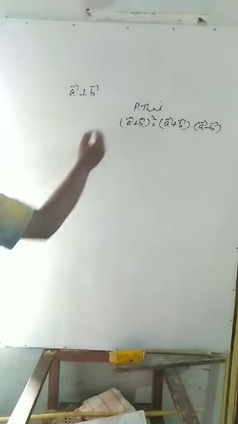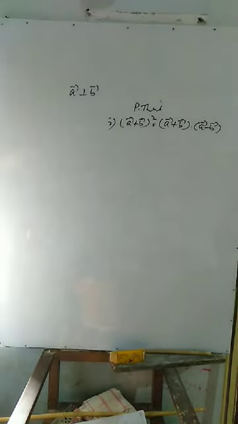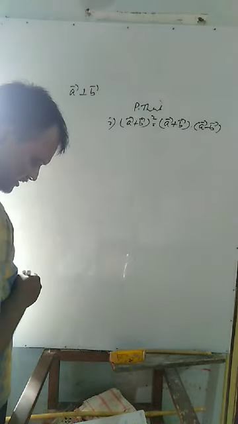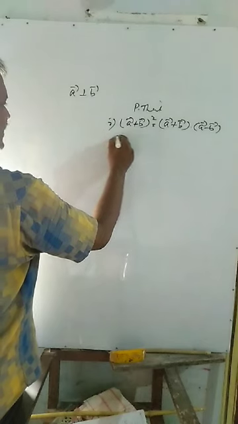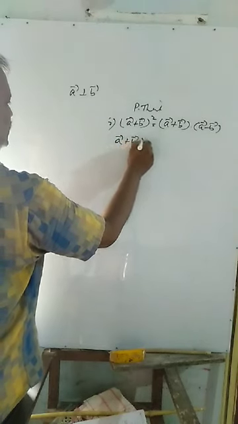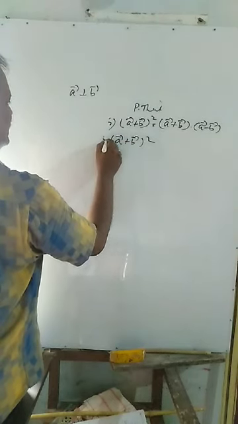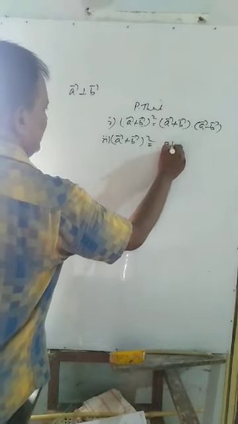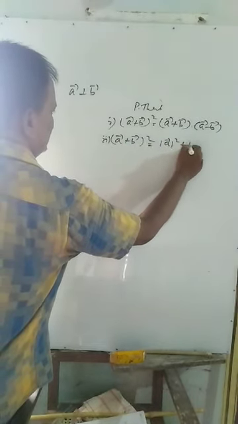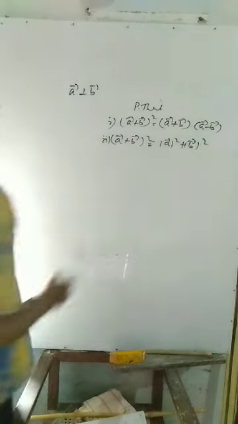Second, (a vector plus b vector) whole square equals a vector square plus b vector square. We have to prove these two.